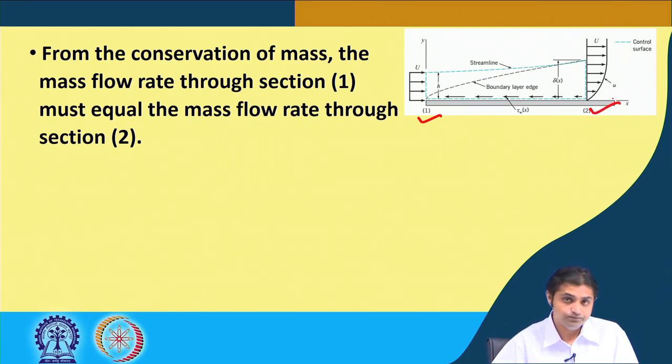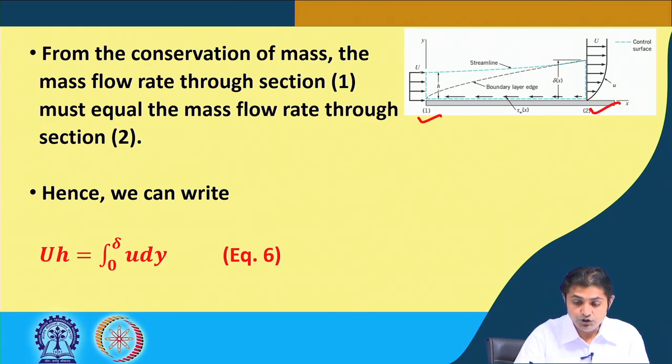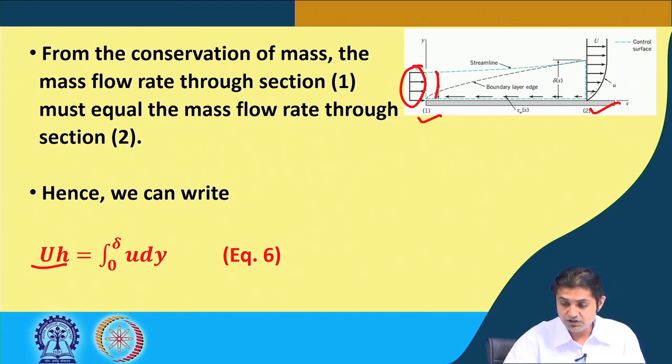That is correct. Therefore, we can write U into h is equal to integral u dy. If you assume an element of thickness at distance y where the velocity is u, it becomes u dy. Very simple.